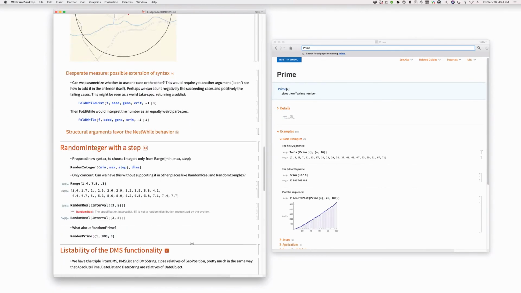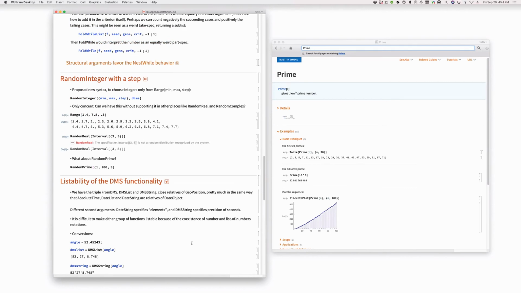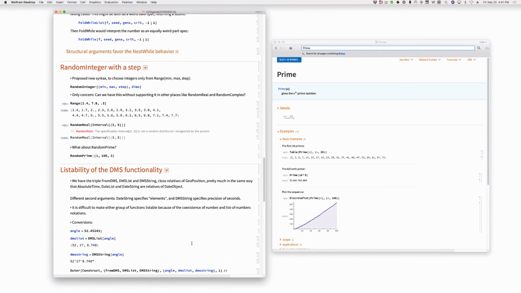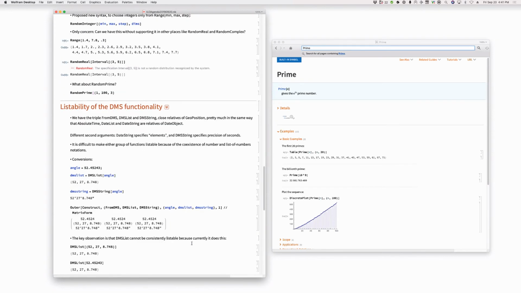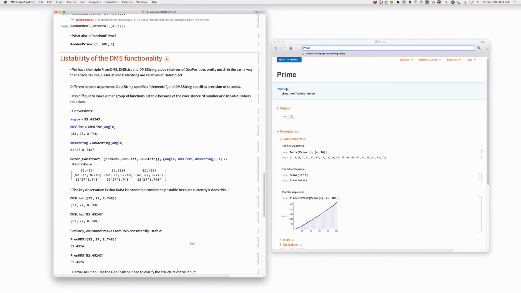Listability of DMS functionality. Yes, so this is something you requested recently, and I realized that it's a bit more difficult than I thought, because the triple, DMS list, DMS string, and from DMS work exactly like the date corresponding functions: date string, date list, absolute time.